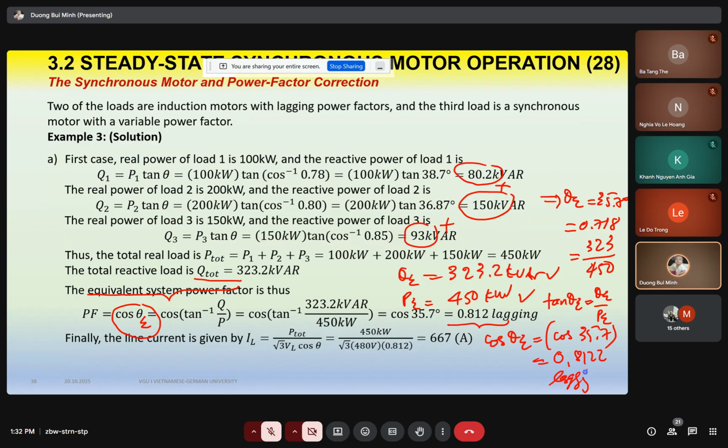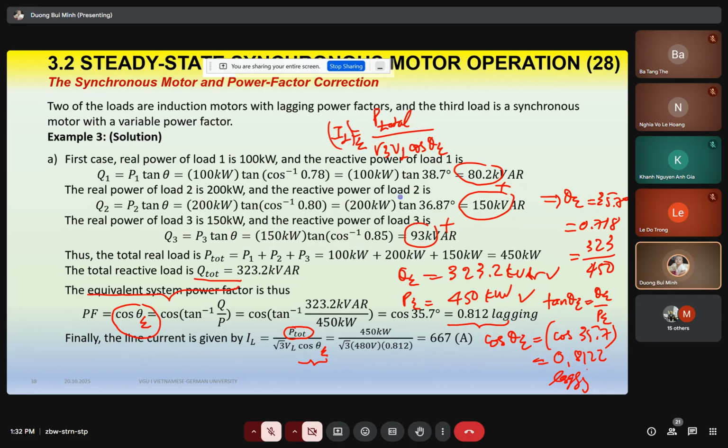So now we have cosine theta total, right? We have P total. So we apply the formula, you can get current, because IL is P total over square root of 3 VL cosine theta total. You can get IL total.